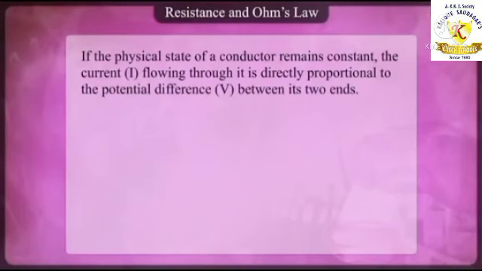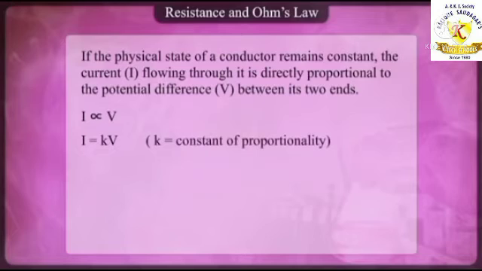If the physical state of a conductor remains constant, the current I flowing through it is directly proportional to the potential difference V between its two ends, where current I is directly proportional to V. I equals kV, where k is the constant of proportionality.